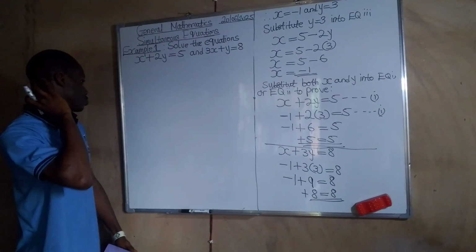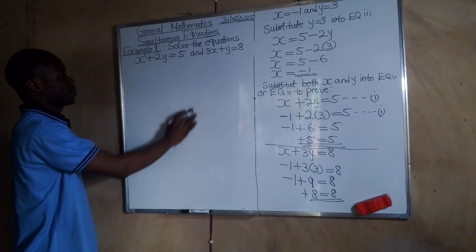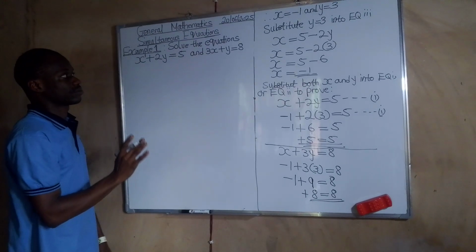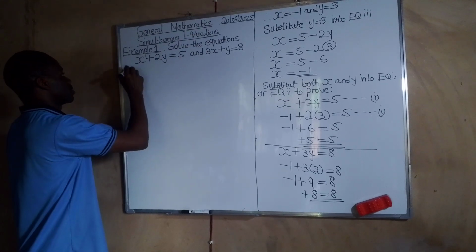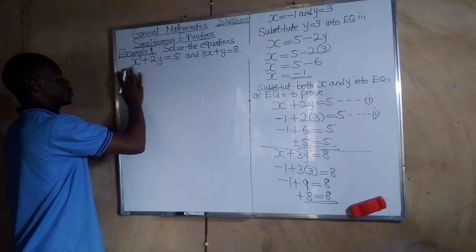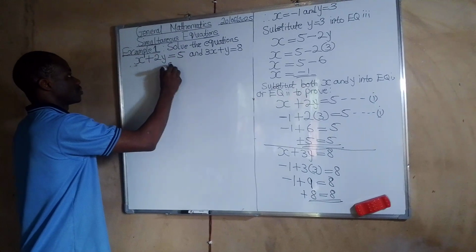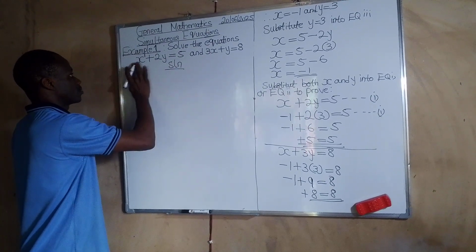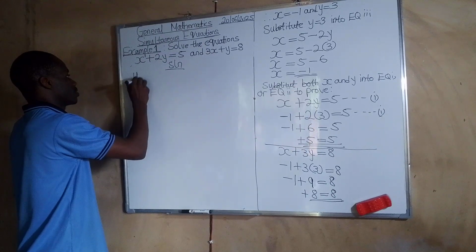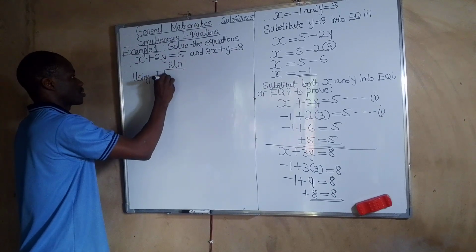Okay, back to the simultaneous equations. Now we are making use of the elimination method. Let's say solution, because we have used the first one, and we'll say solution again using elimination method.